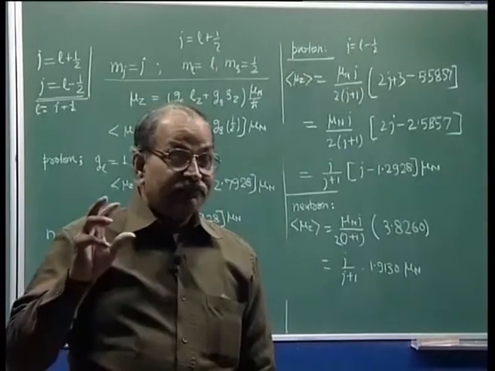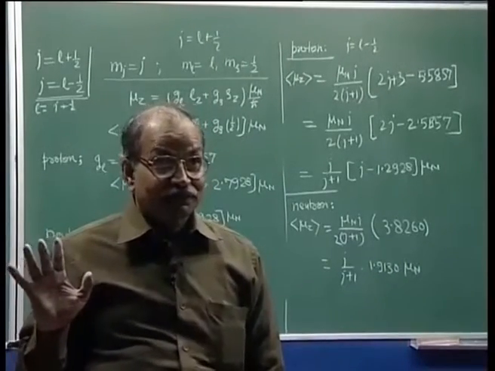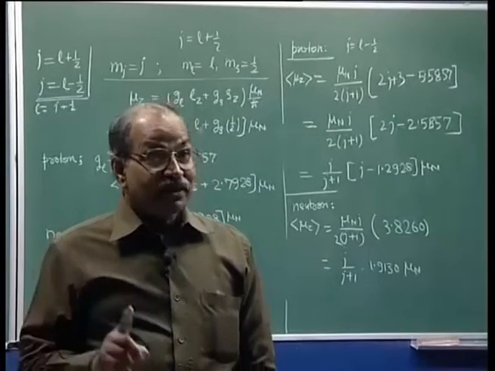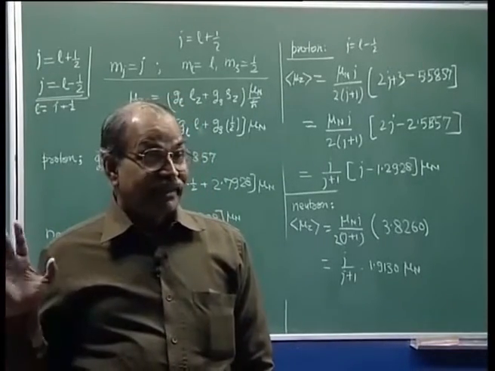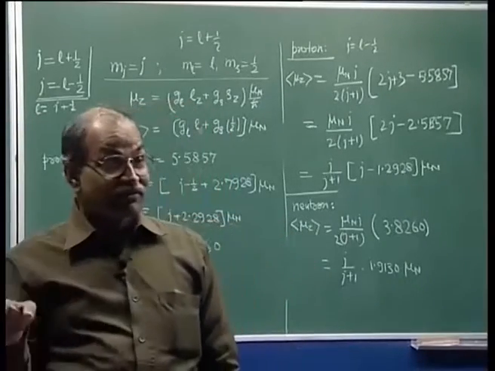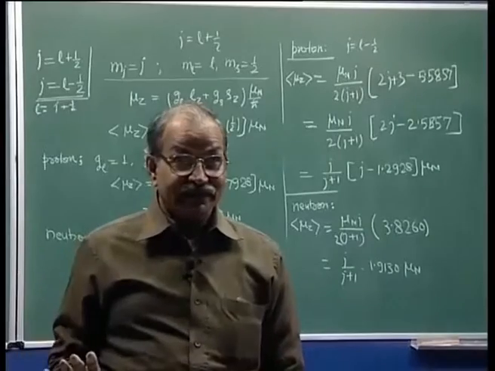Remember, for an electron this Gs is 2, or 2.0023. So, for a structureless spin-half fermion it has to be 2. Theory also tells that and experiments also tell that.